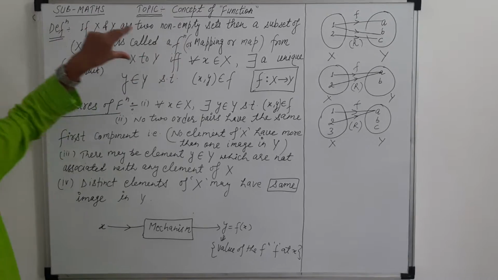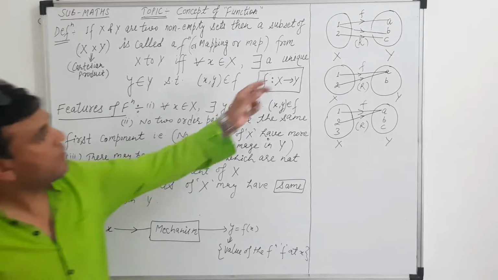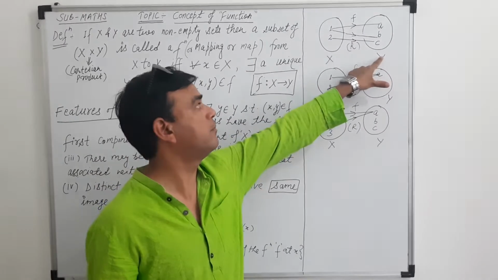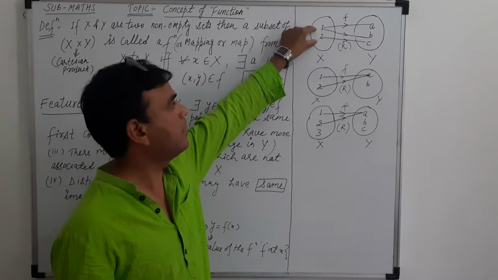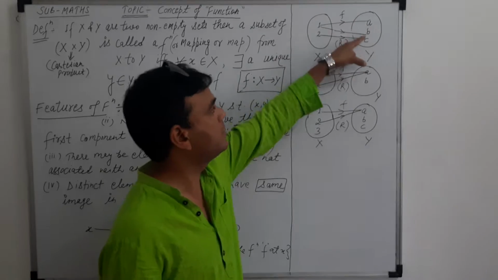Now we can understand this by a figure. X and Y are two non-empty sets, meaning both sets have elements. The elements of X are 1, 2 and the elements of Y are a, b, c.